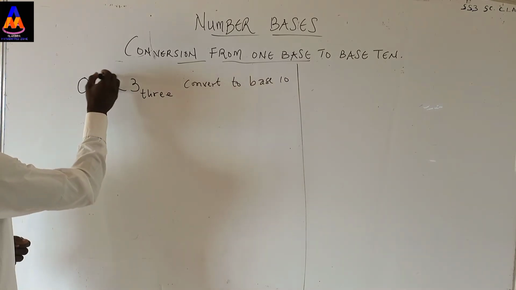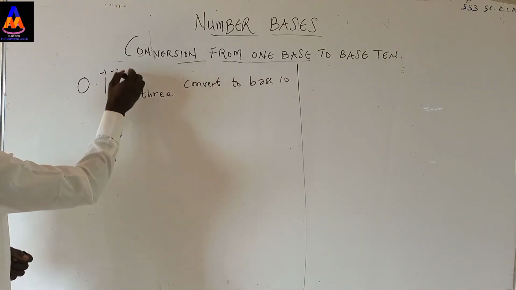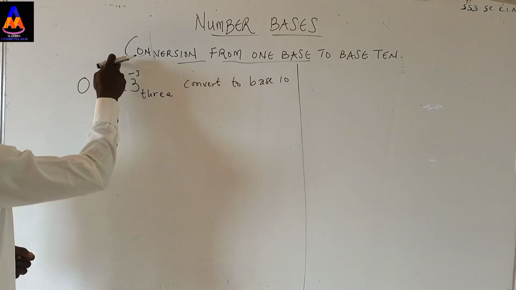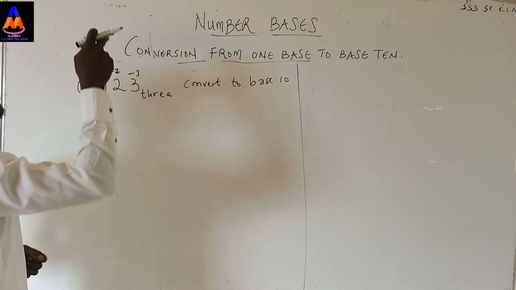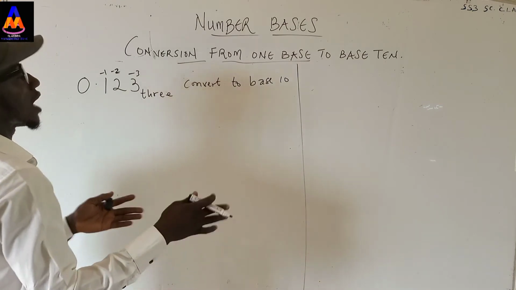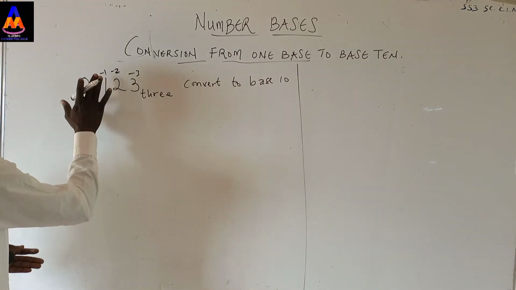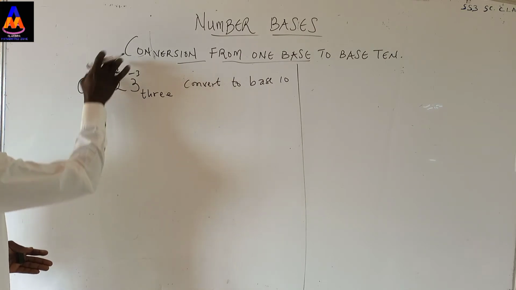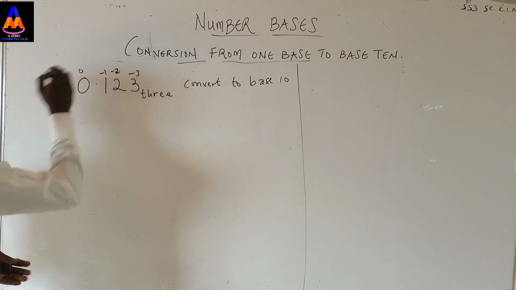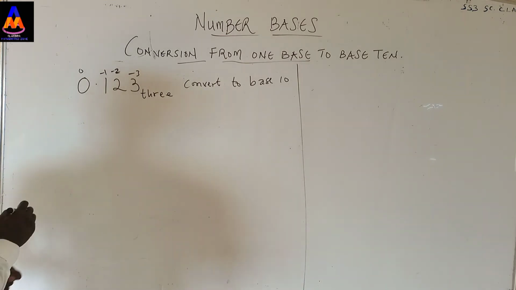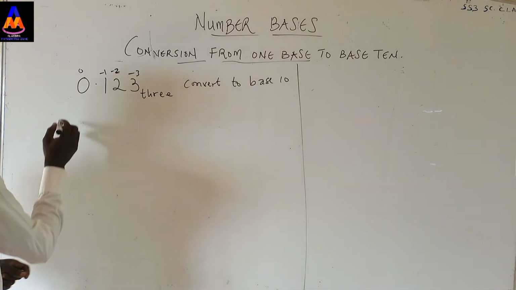But in this case, we are going to have -1, -2, -3. This represents tenths, this represents hundredths, this represents thousandths, and so on and so forth. So let's do this. It's still the same approach, but the only thing that changes is this labeling. This one still remains 0 because this one is before the decimal point.